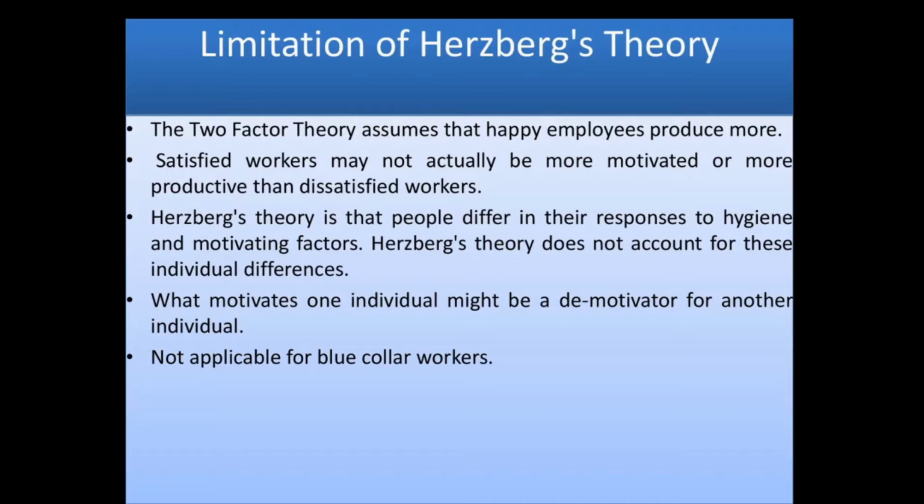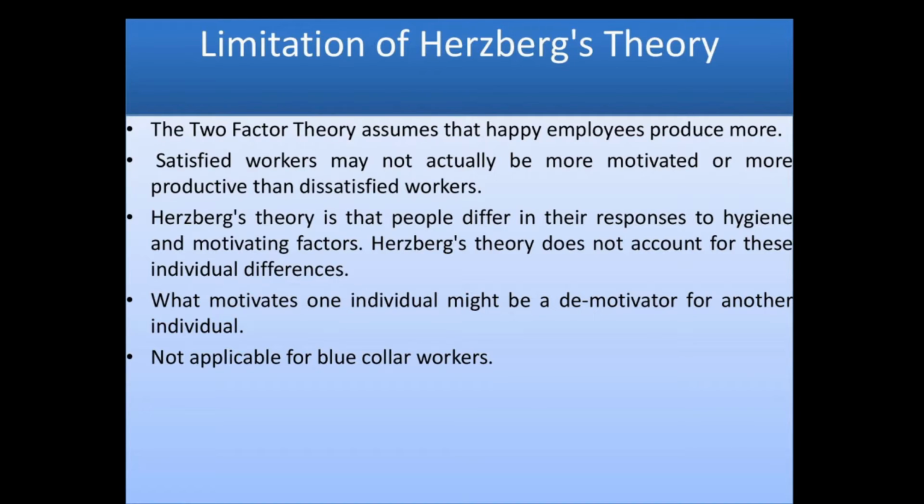The two-factor theory assumes that happy employees produce more, and satisfied workers may not actually be more motivated or productive than dissatisfied workers. See, actually, I'll tell one example of what Herzberg told. You will be thinking that if the company is giving salary, you will be satisfied.